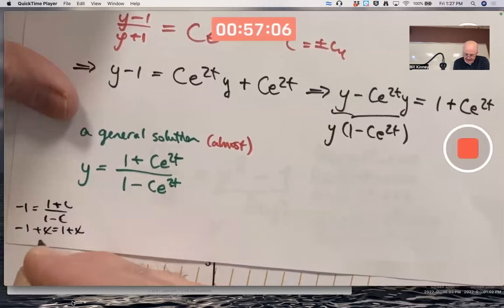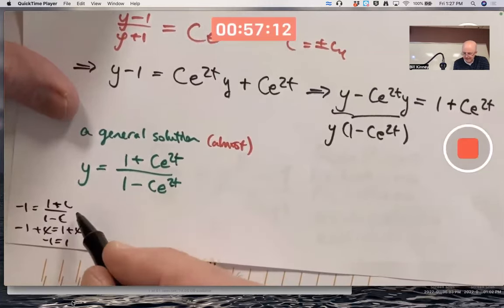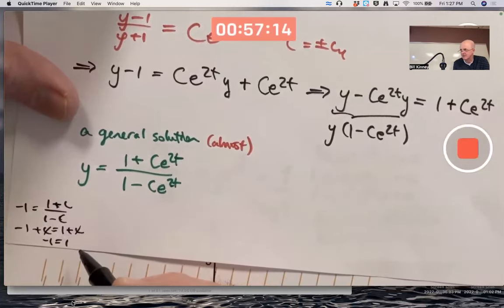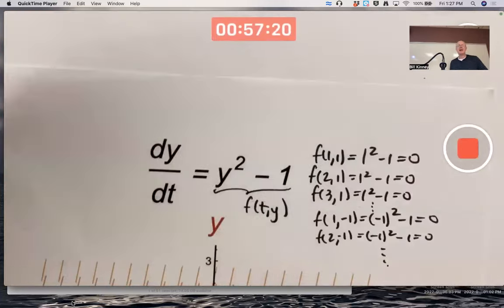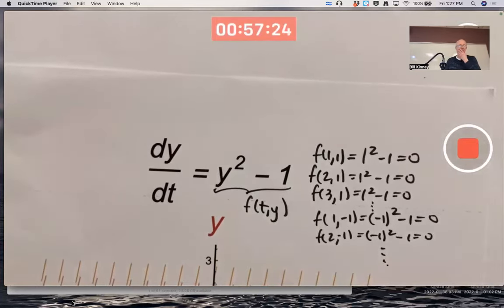Cancel the c's, you get -1 equals 1, which is a contradiction. Can't happen. Assuming there is a solution leads to a contradiction, meaning there is no solution. So you can't solve that initial value problem, but you can solve all the other ones.